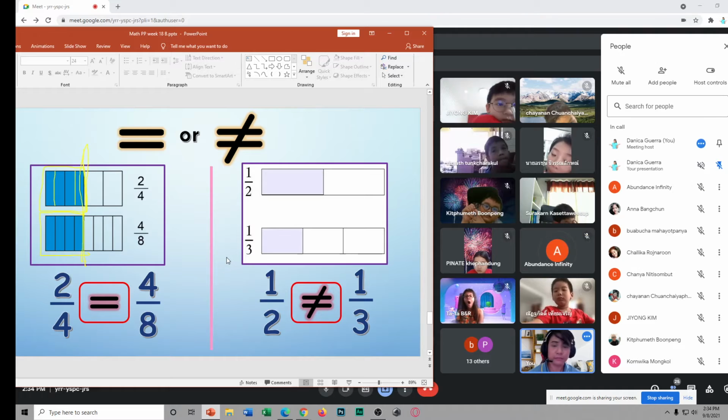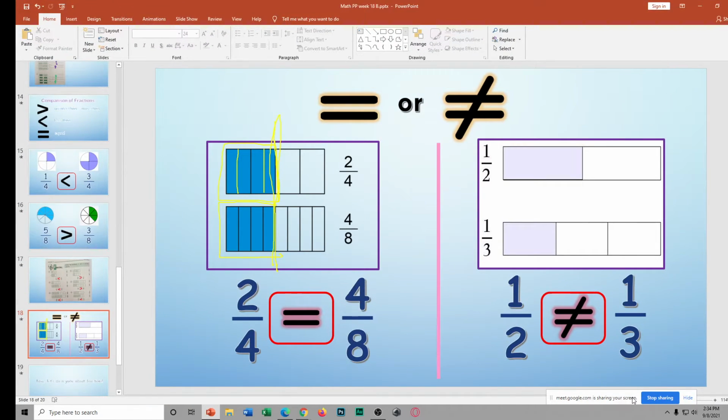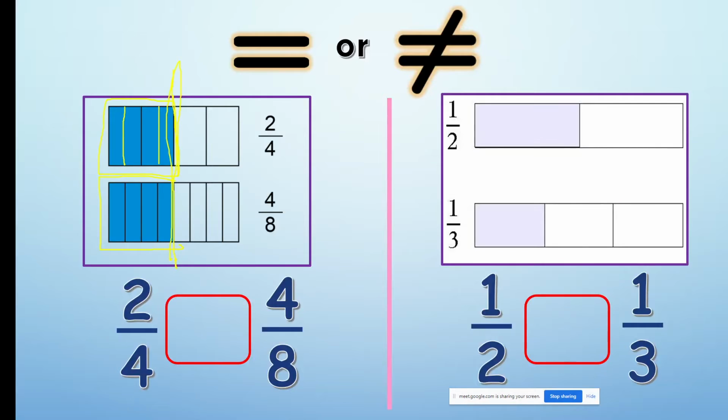Okay, next. For the second example, we have this rectangle here. You have a long rectangle and then another long rectangle. They have the same size of rectangles. But the first one was cut into 2 only, and the next one was cut into 3. And then you have 1 part. I gave this to Pudis.